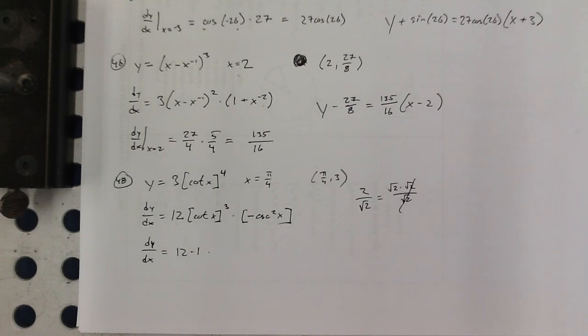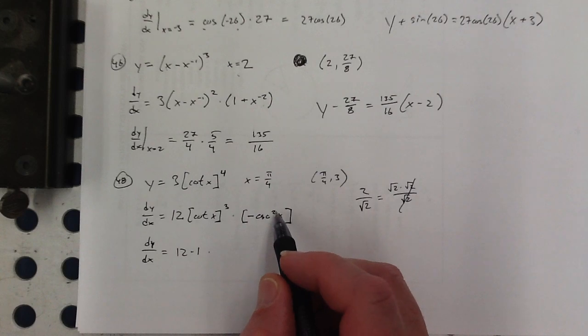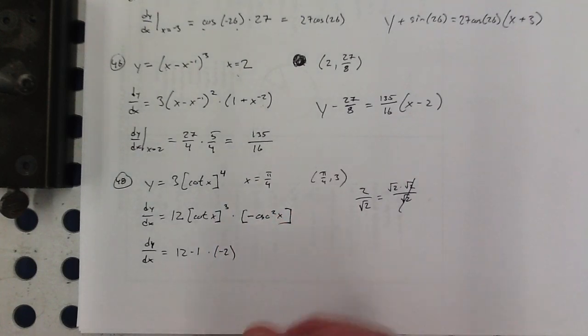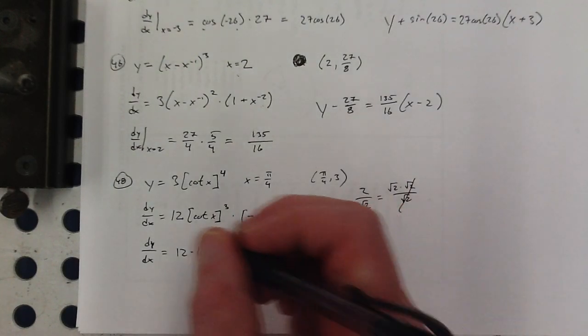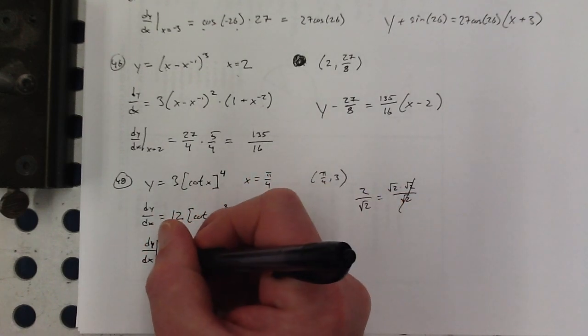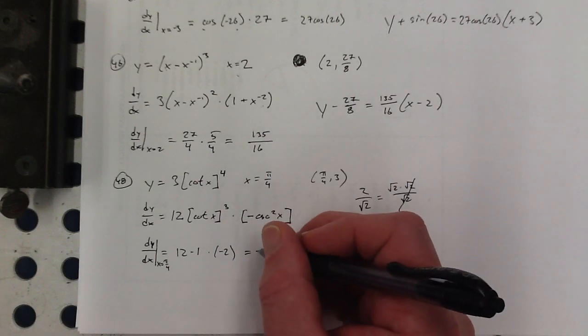So I got the square root of 2, but then I'm squaring that. So that's 2. And then I'm putting a negative sign in front of it. So, all right, this is at x equals pi over 4. So I'm pretty confident that I didn't mess that up.